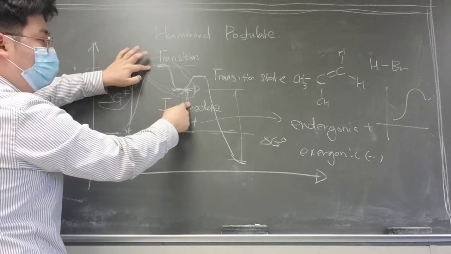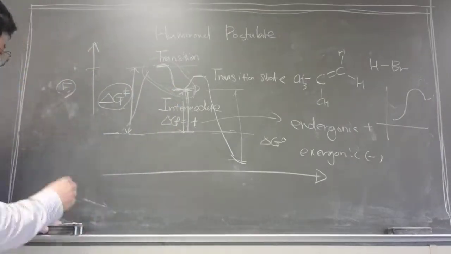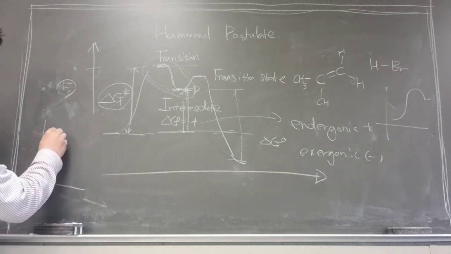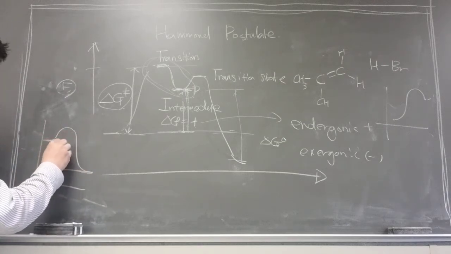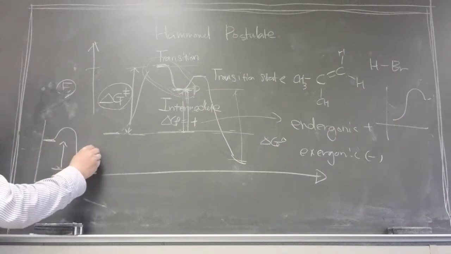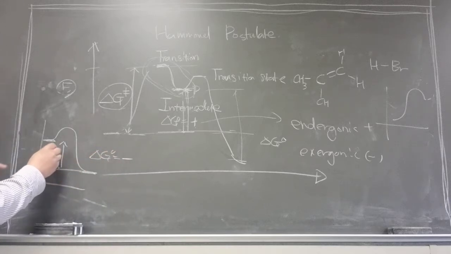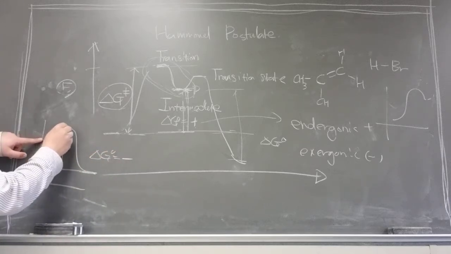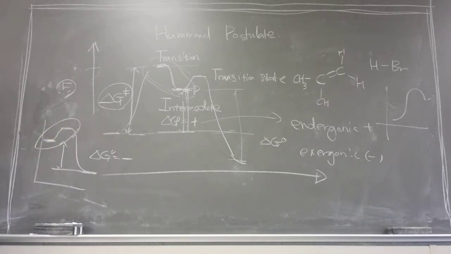But if you have an exergonic reaction, it's higher in the reactants and lower in the product, so delta G is negative, right? So it's an exergonic reaction. In this case, your transition state is more similar to the reactants, not the products.